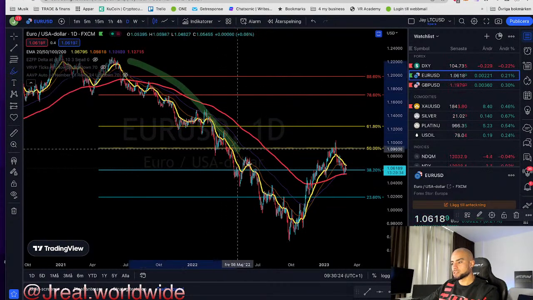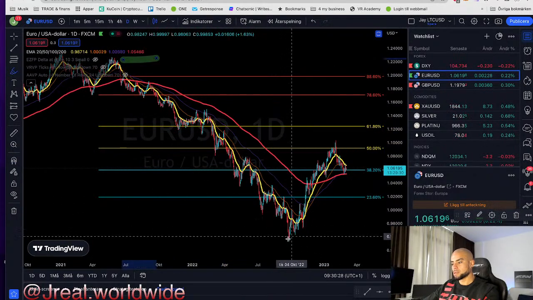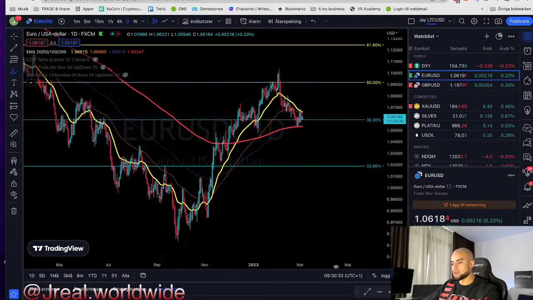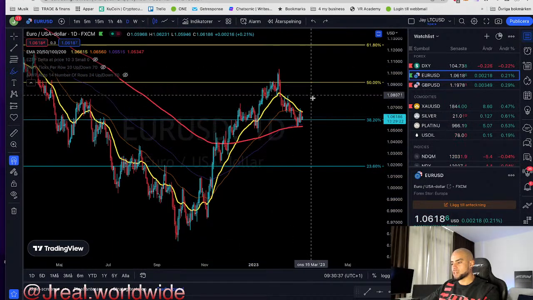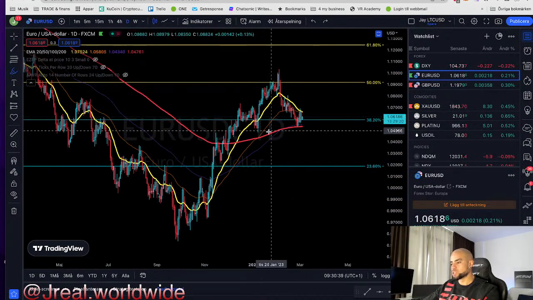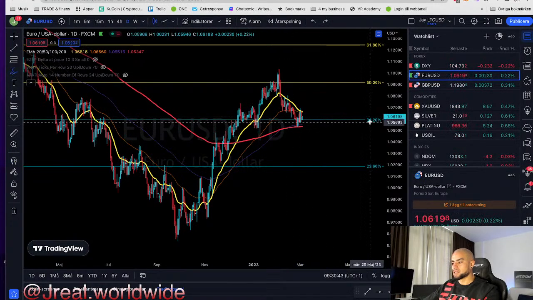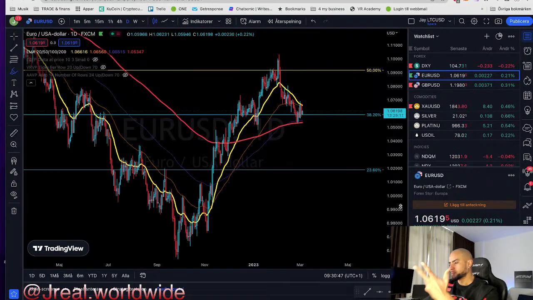You see the sequence all the way down, and this Fibonacci is pulled with the sequence in mind. Market came up, picked up liquidity from the sweet spot zone, came back down, rejected the 200-day EMA, and is now testing the 38.2 Fibonacci retracement as support. So it has flipped it as support.